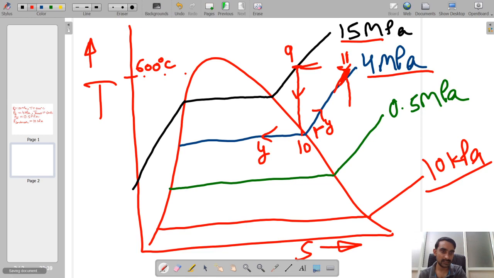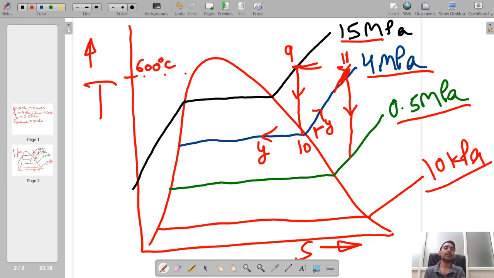Okay, and then after reheating, it is passed through a low pressure turbine. So then this is our low pressure turbine, and whatever this total steam we were having, out of this, now once again at a pressure of 0.5 megapascal, we have further taken certain fraction. So say the fraction we have taken over here, say Z, and remaining amount we allowed to expand in the turbine till the condenser pressure of 10 kilopascals.